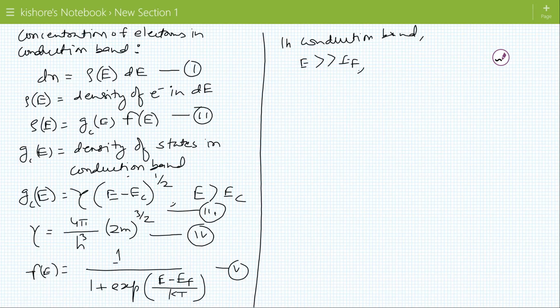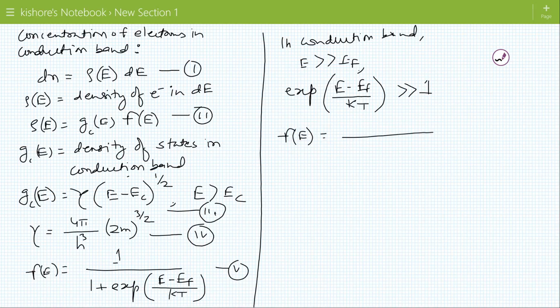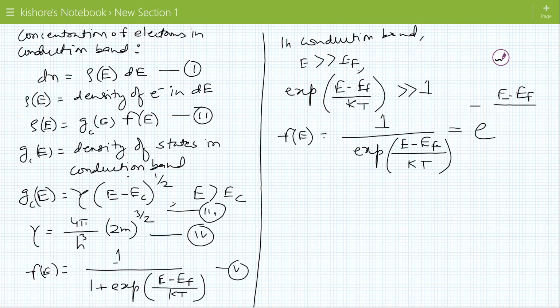So the value of e to the power (E minus EF) by kT is large as compared to 1. So we can rewrite the expression for Fermi Dirac function as 1 upon e to the power (E minus EF) by kT, or this is simply e to the power minus (E minus EF) by kT.